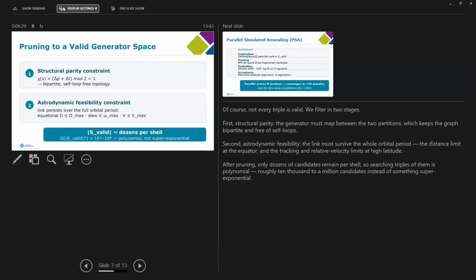The distance limit applies at the equator, where the inter-satellite links have a max distance, and the velocity and angular velocity limits apply at high latitude, where there is more motion dynamics. After pruning, only dozens of candidates remain per shell. So searching triples of them is polynomial, roughly 10,000 to a million candidates instead of something super-exponential.